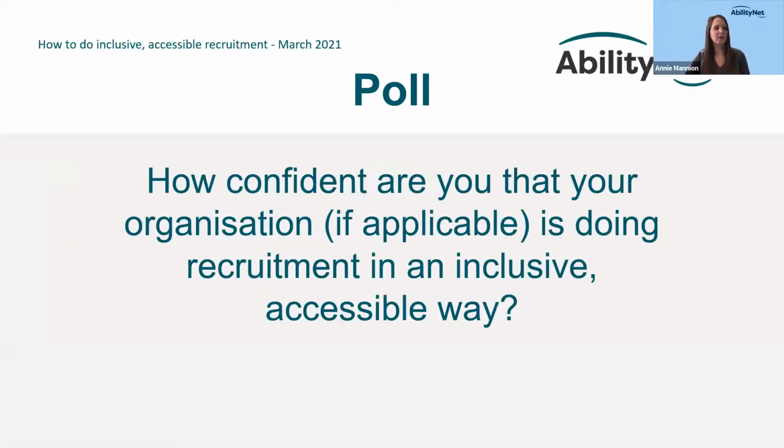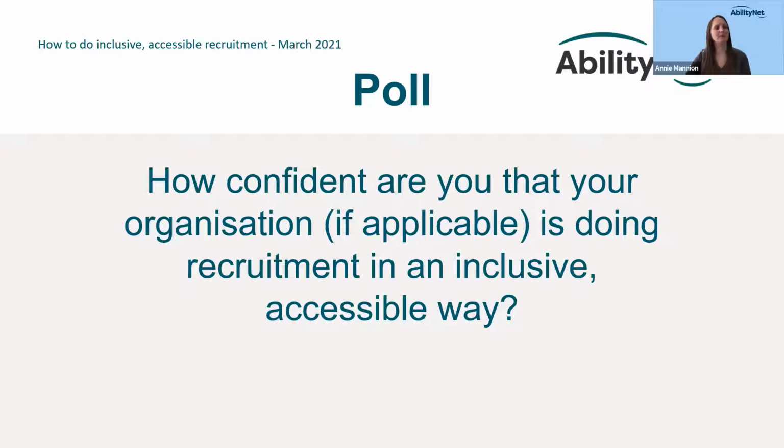So just before we kick off today's webinar content, I'm just going to start with a poll. So I'm just going to launch that now. Okay, so can you tell us how confident are you that your organisation, if applicable, is doing recruitment in an inclusive, accessible way? Are you very confident? We have fully inclusive, accessible policies and procedures. Quite confident.